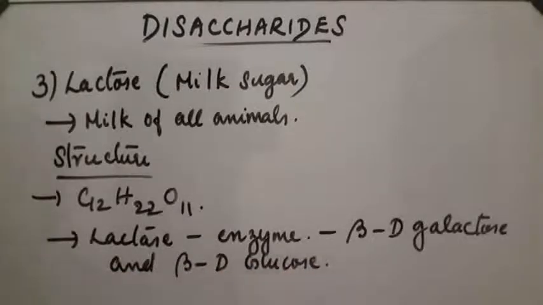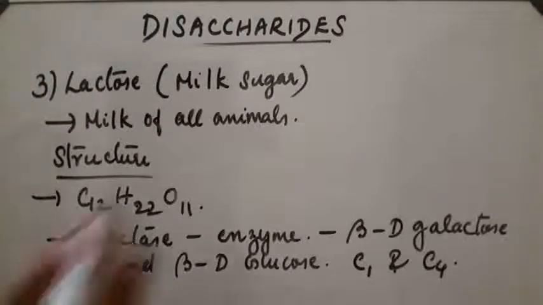These two units are linked by a glycosidic linkage between beta D galactose and beta D glucose. The linkage is between C1 of beta D galactose and C4 of beta D glucose, and this is a reducing sugar.